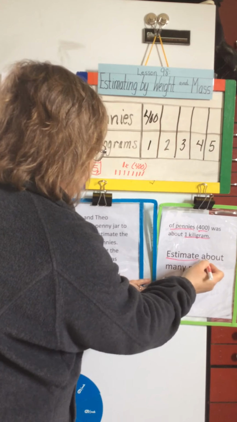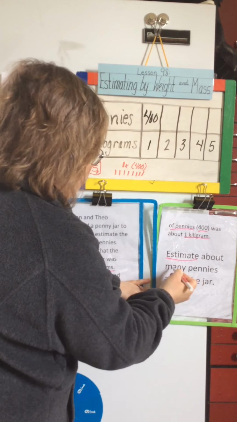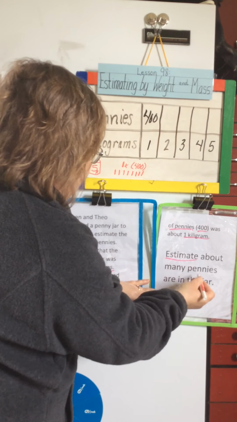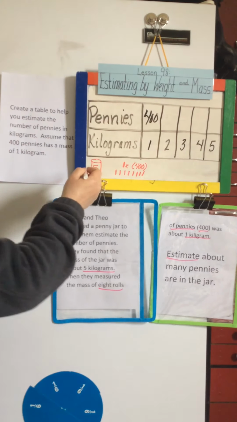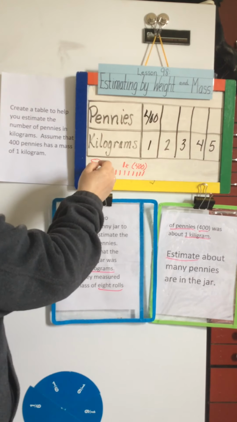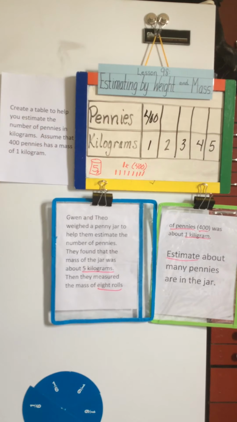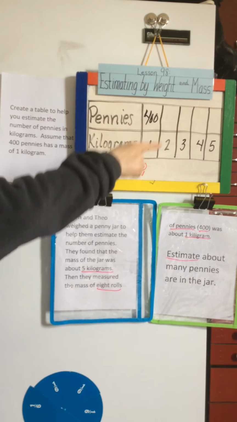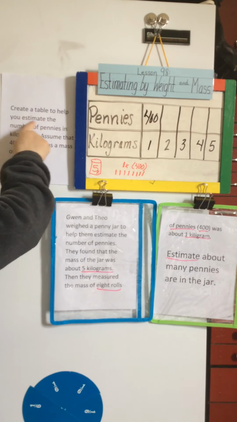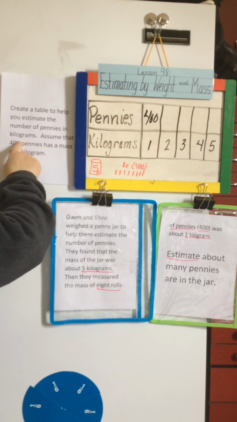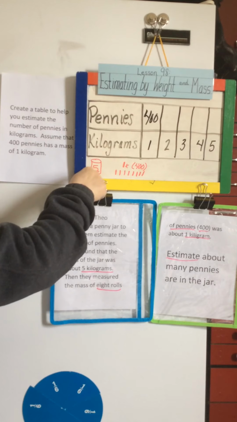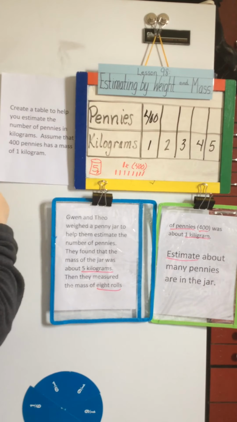It's supposed to say, estimate about how many pennies are in the jar. So we have to figure out how many pennies are in the jar. And then it gives us the clue. It says, create a table to help you estimate the number of pennies in kilograms in this jar.